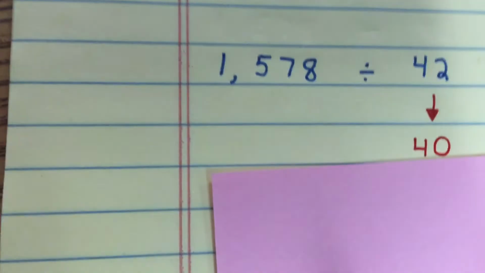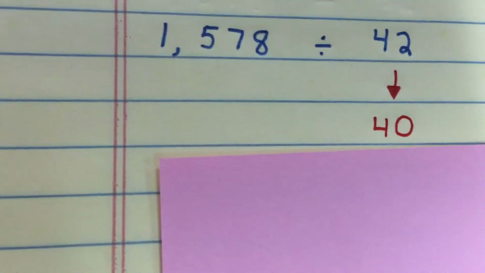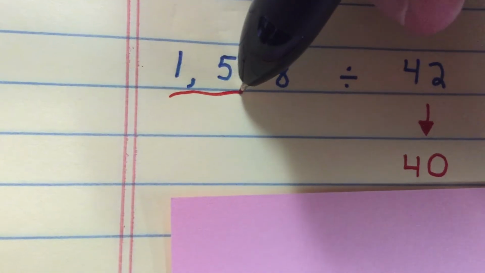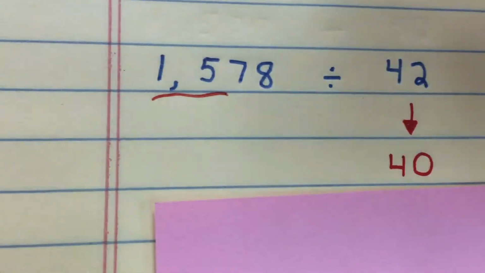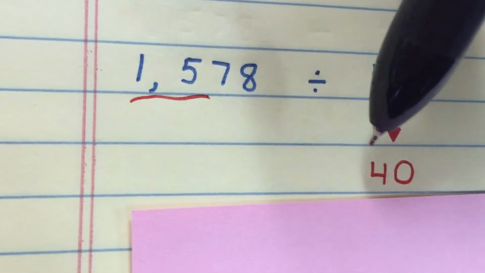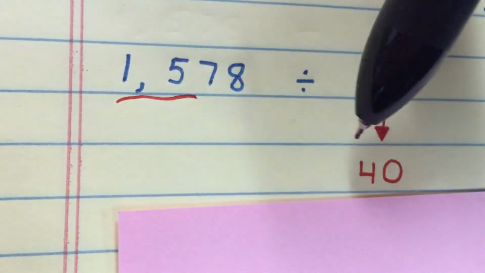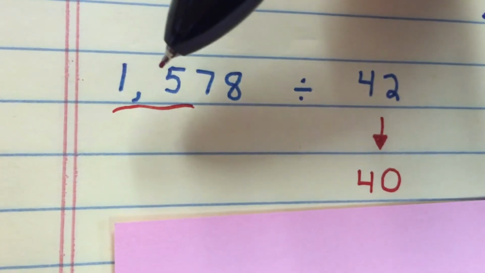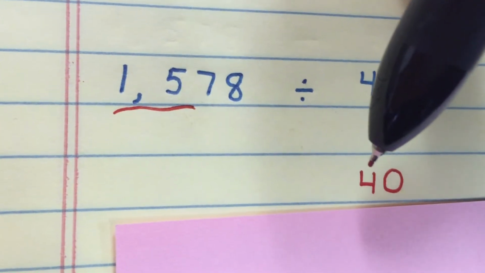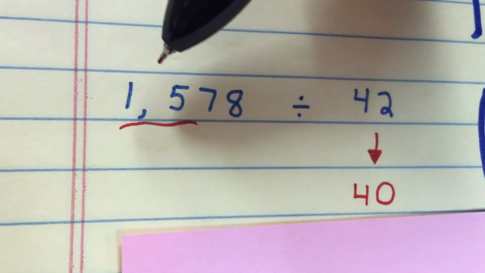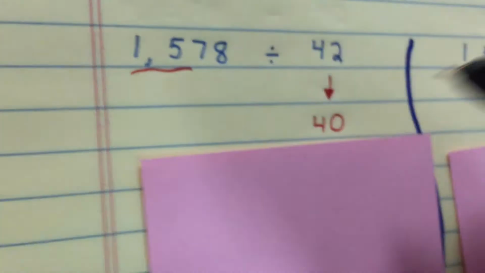Now that we have the divisor rounded, we're going to focus on the first two digits of the dividend. And we want to ask ourselves, how many 4s does it take to make 15 or near 15? Well, the answer is 4 cannot turn into 15. But if I do 4 times 3, which is 12, that's pretty close to 15.